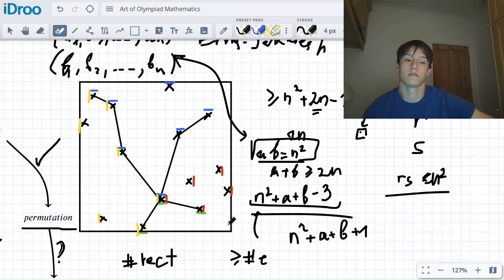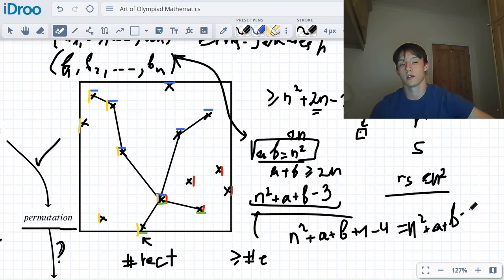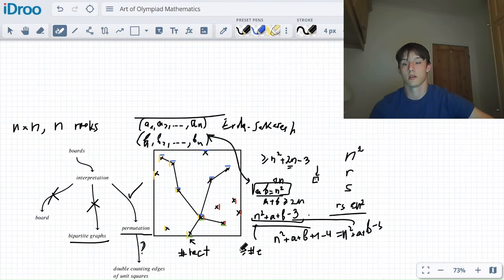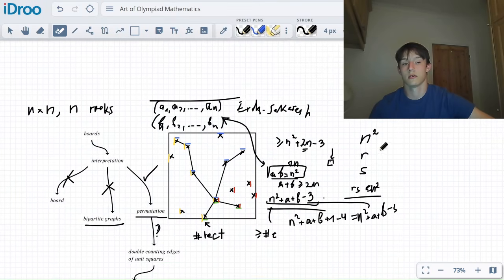And then you'd also note that these ones on the sides shouldn't be covered. So you do get a bound on this, and that's how we get our bound. Because these four shouldn't be covered, you just need n squared plus a plus b minus 3, and that's the answer that we wanted. And this is easily bounded, so that's the answer. And yeah, that's about it.